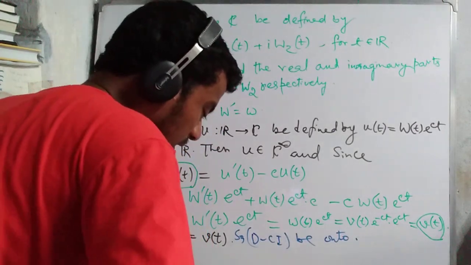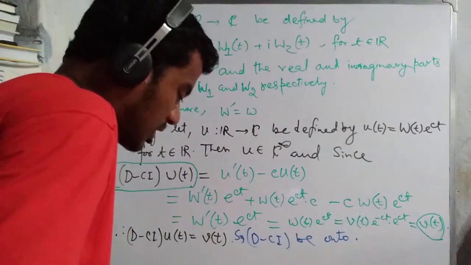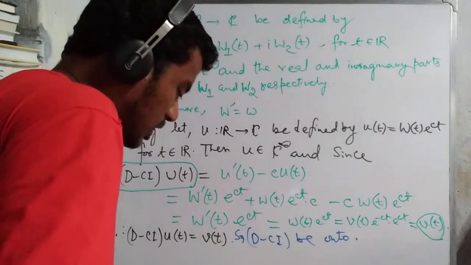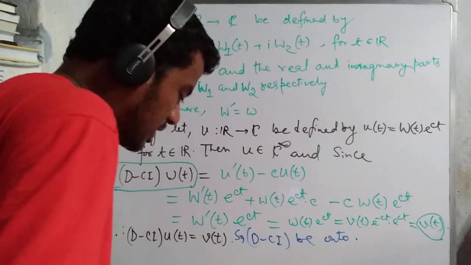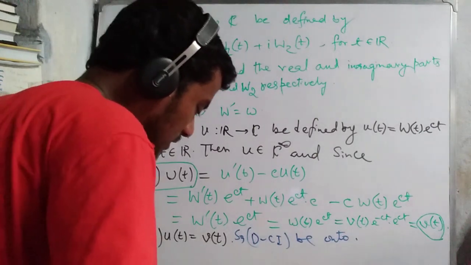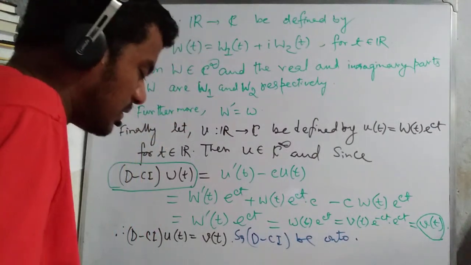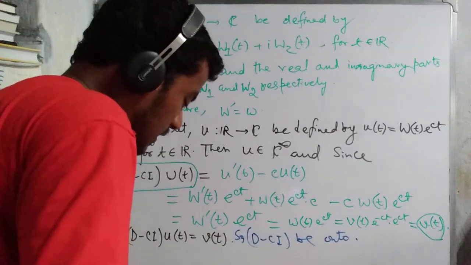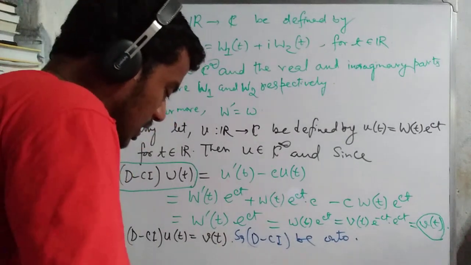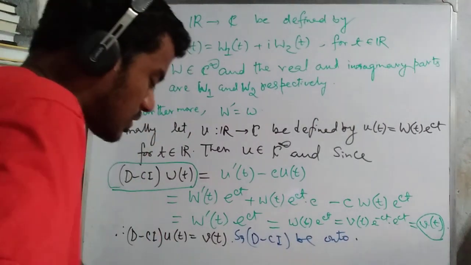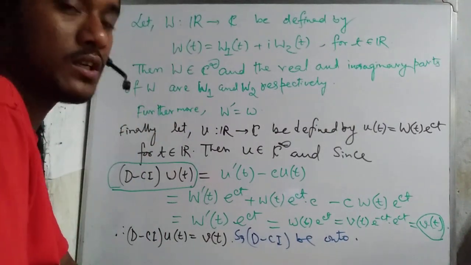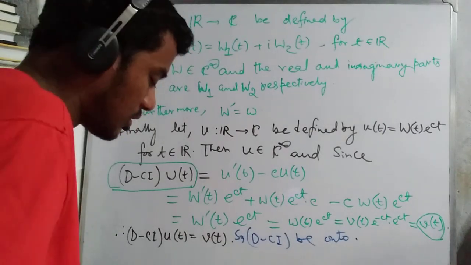Then w1 and w2 are continuous, differentiable and obviously have antiderivatives. Then capital W is the antiderivative, and w1 and w2 are the real and imaginary parts. So W belongs to C infinity and W dash equals small w.